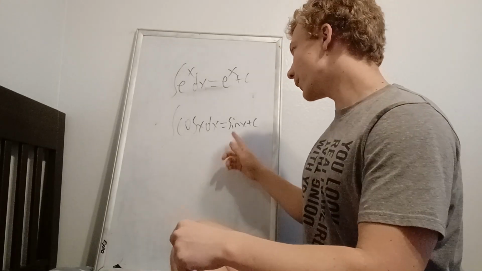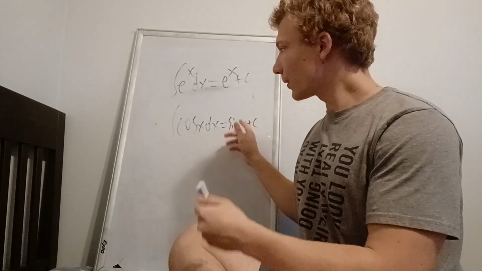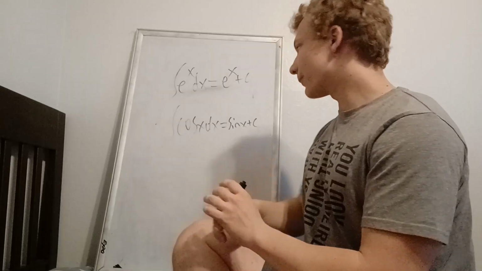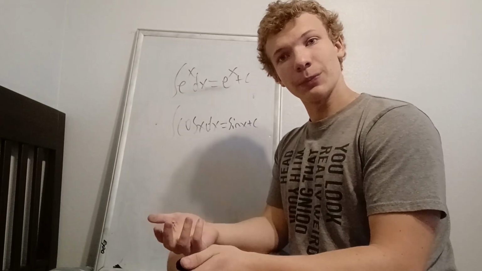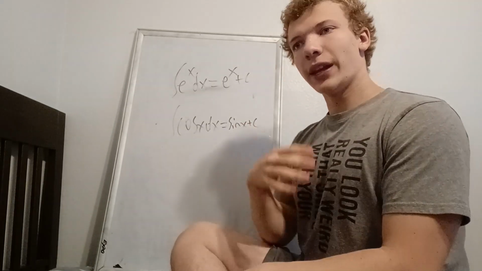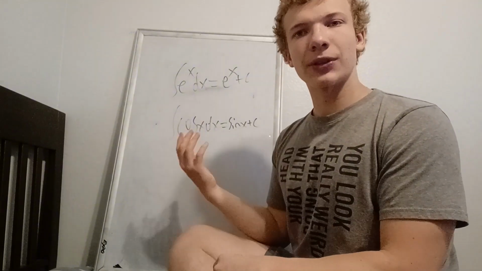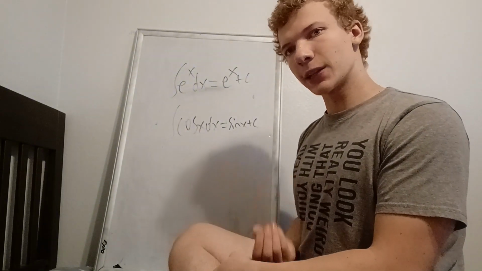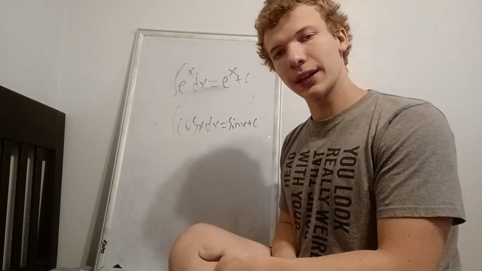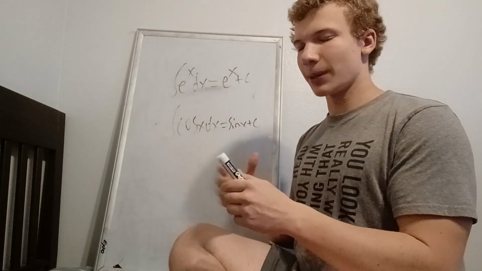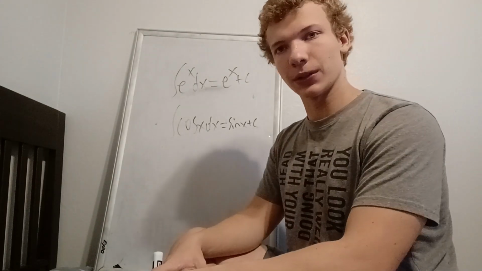Now, we know that if you differentiate sine x, you get cosine x. And if you differentiate c, you get 0, which means that sine x and sine x plus 2 and sine x plus a billion are all valid expressions for the antiderivative of cosine x, just depending on what your initial conditions are.